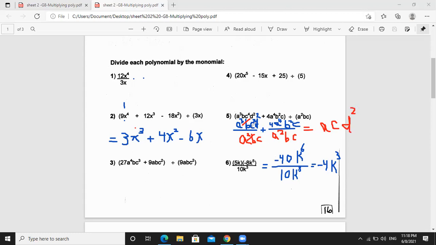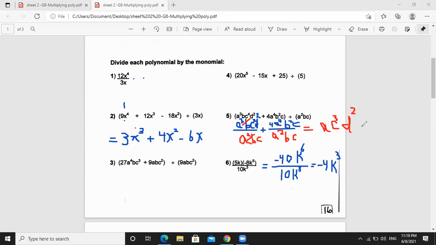Okay, so a power 3 divided by a power 2 is a, b power 4, sorry, b divided by b cancel, c power 4 divided by c, it will be c power 3. And then we will keep d power 2 because we don't have d in the divisor.